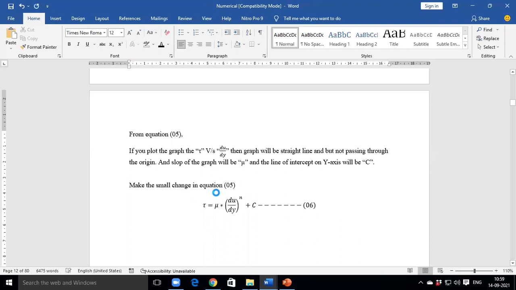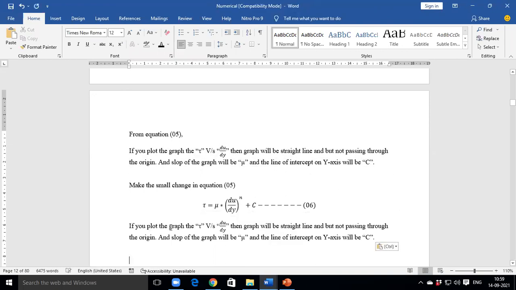What will be the nature of the graph if we plot tau versus du by dy raised to power n? Is it passing through the origin or not?